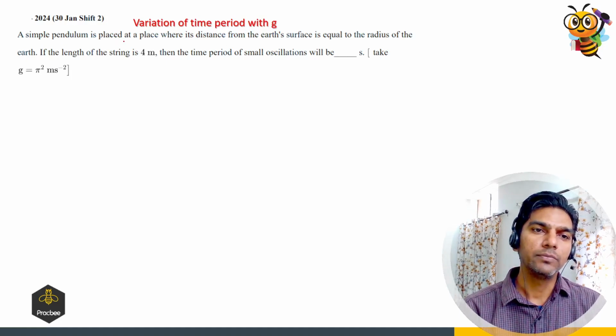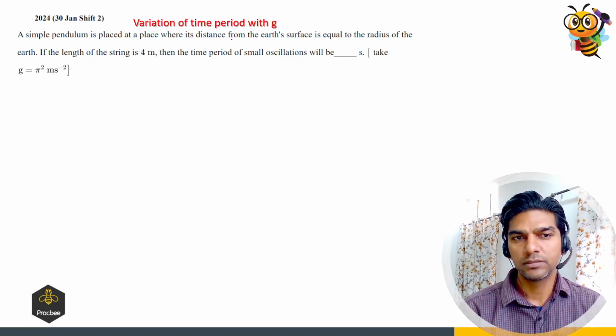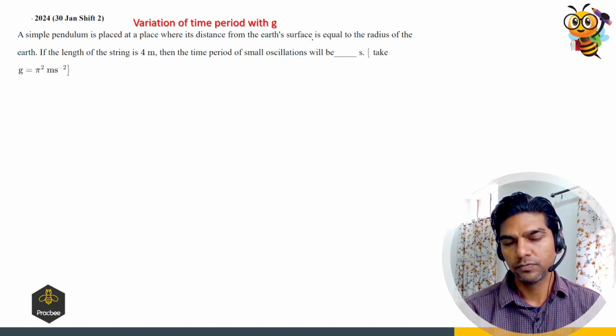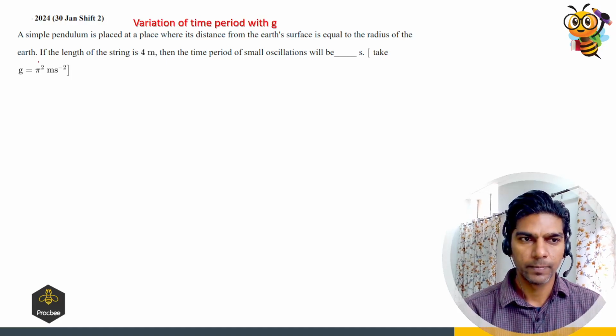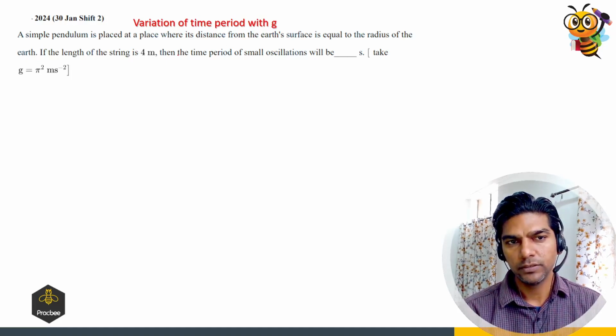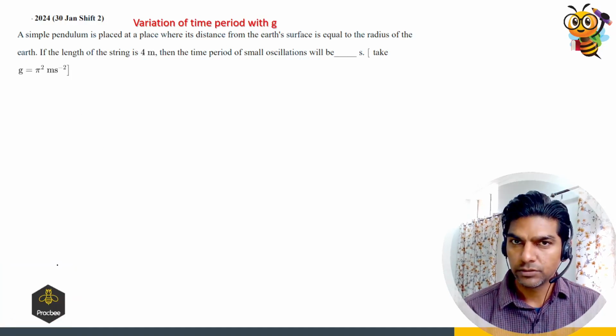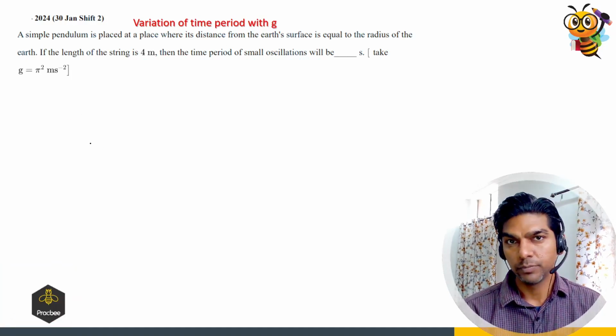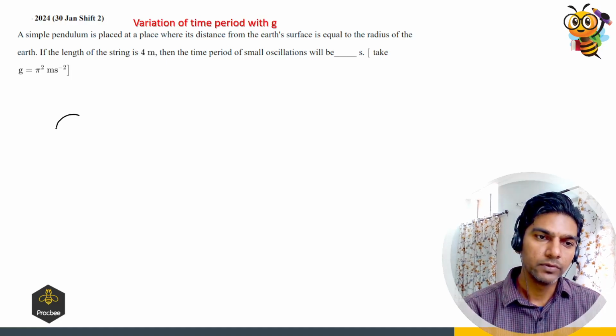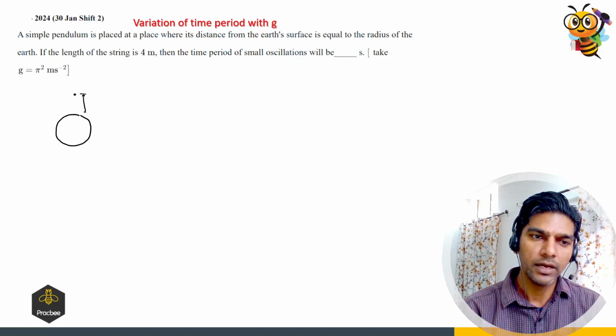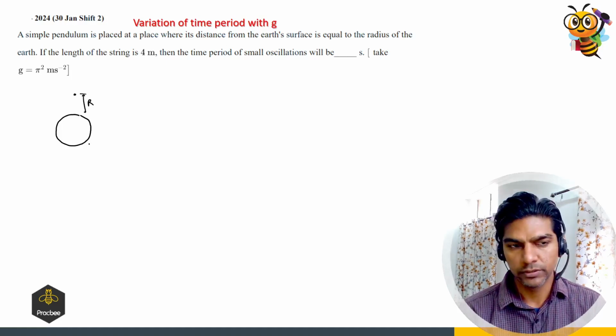A simple pendulum is placed at a place where its distance from the Earth's surface is equal to the radius of the Earth. If the length of the string is 4 meters, then the time period of oscillation will be? First we should know how to find the acceleration due to gravity at a particular altitude. Here the pendulum is placed at a distance R from the surface, where R is the radius of the Earth.